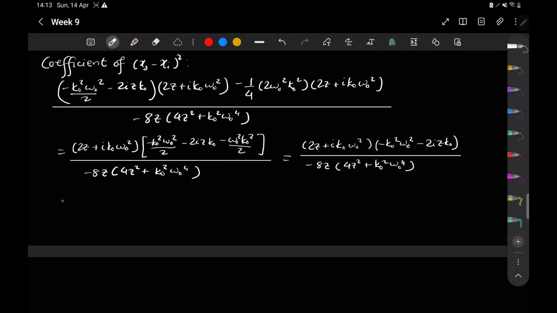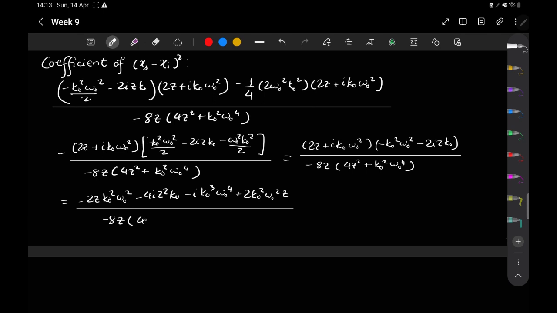Now let us open up the brackets. Now this term cancels with this in the numerator, and the negative cancels with the negative in the denominator.